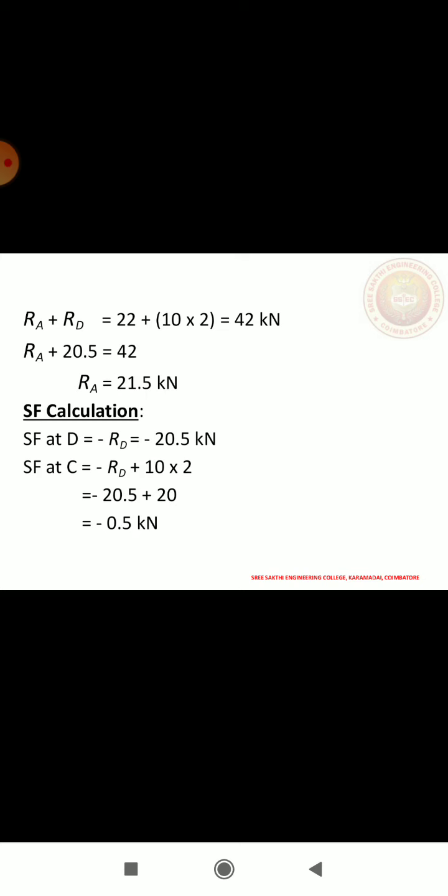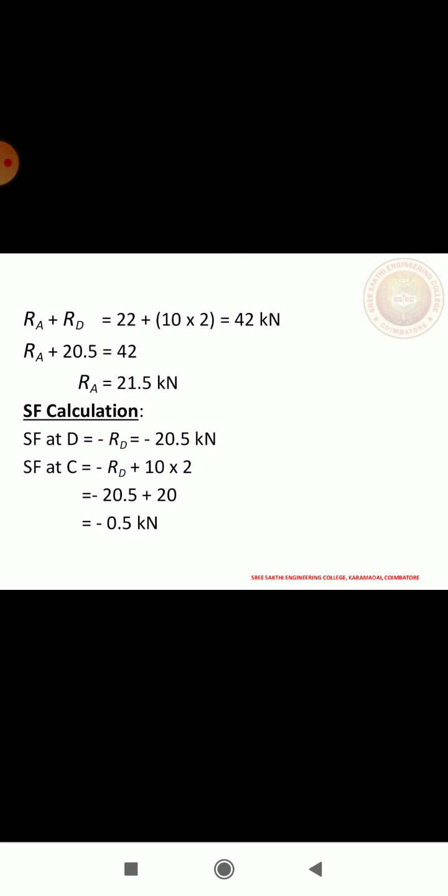So for finding shear force at D, the formula is minus RD. RD is the reaction at the right end D, and the negative symbol is given because of the force acting downwards and the reaction acting upwards.